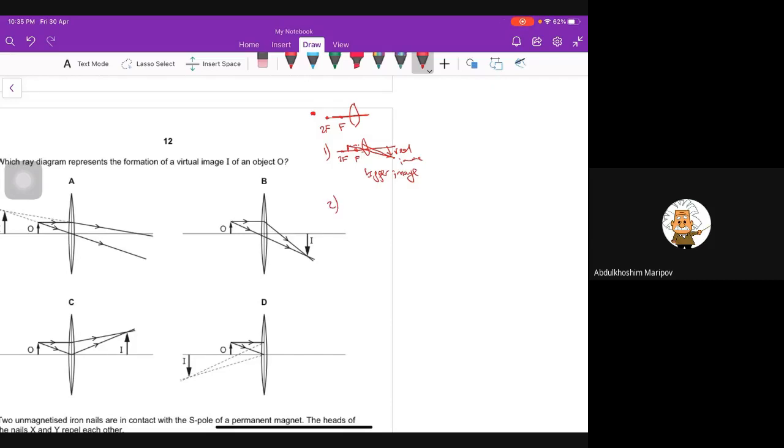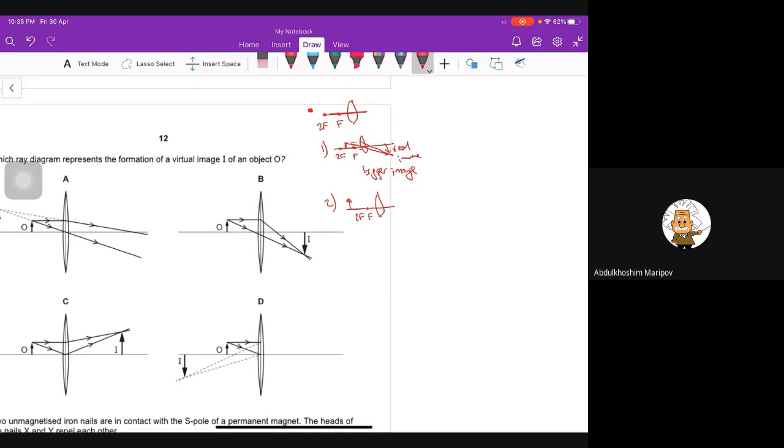Second case, when your object is beyond 2f. Here this is 2f and this is the focal point f. If your object is here beyond 2f, your image will be a real image but small. The rays go this way and this way.